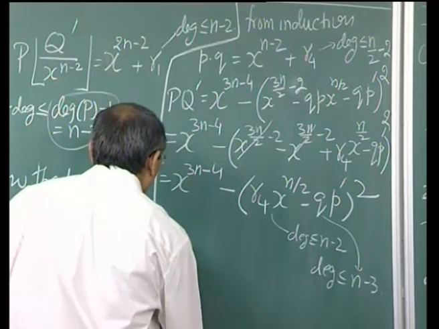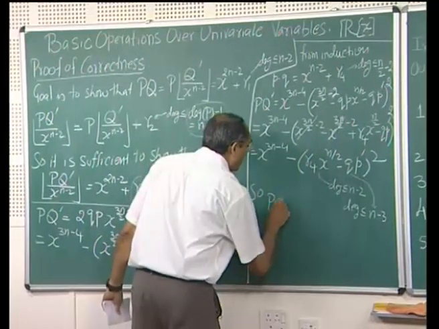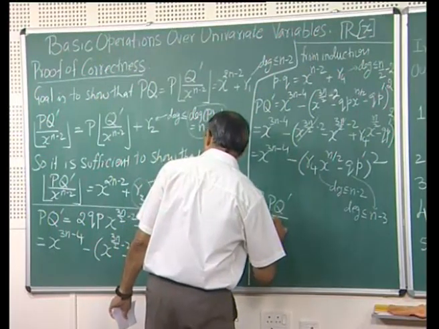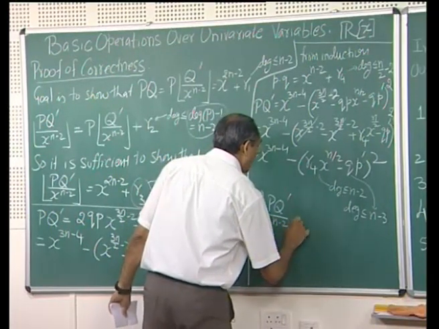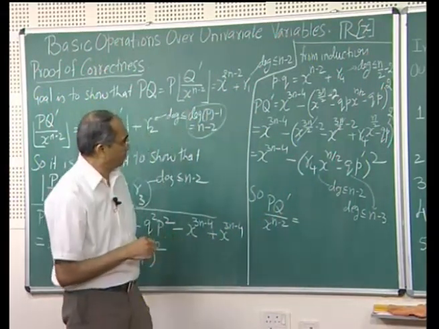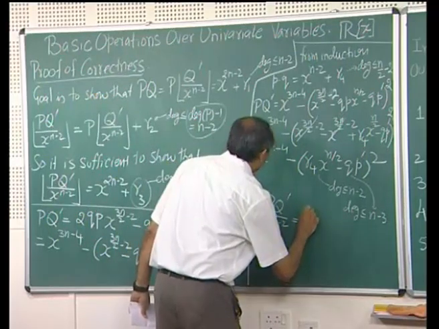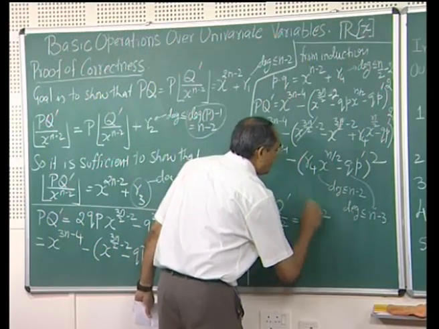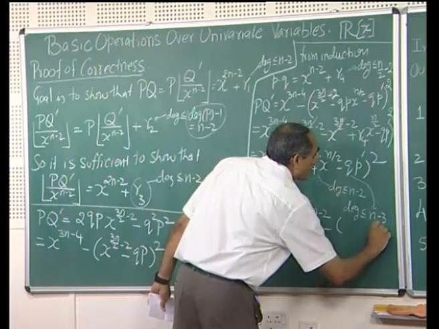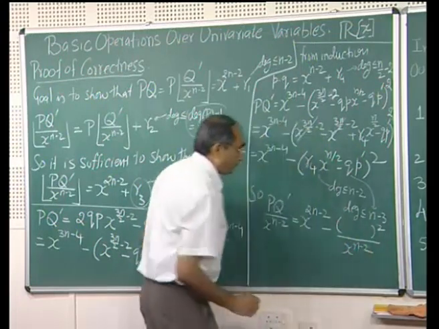So, pq prime divided by x to the power n minus 2 is, you subtract n minus 2, you are left with x to the power 2n minus 2 plus, or rather minus, this whole expression square divided by x to the power n minus 2.